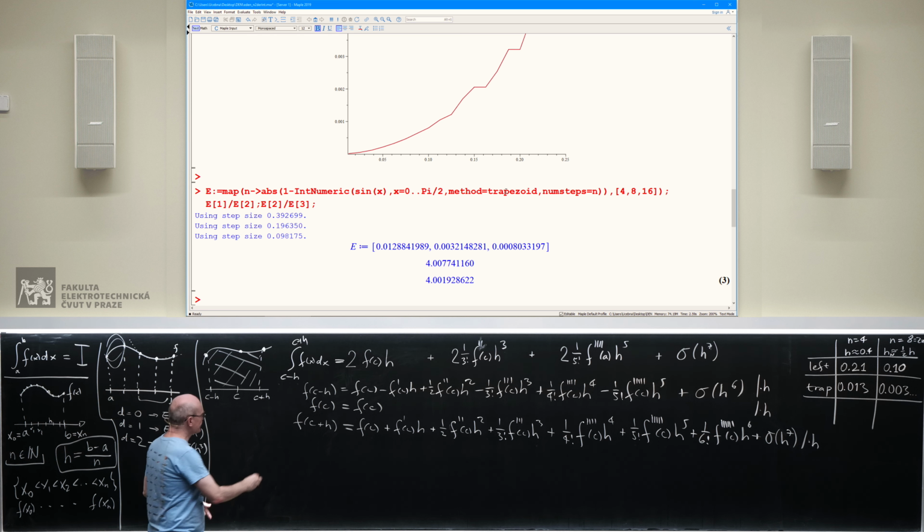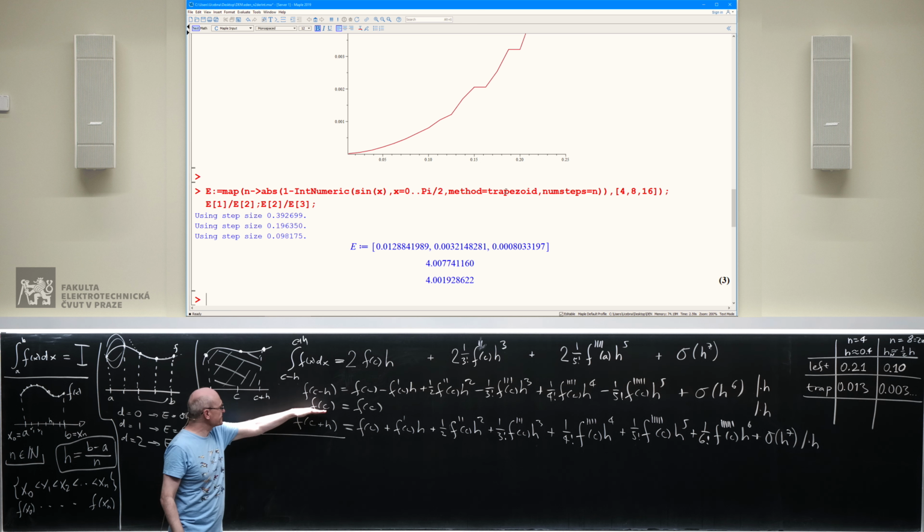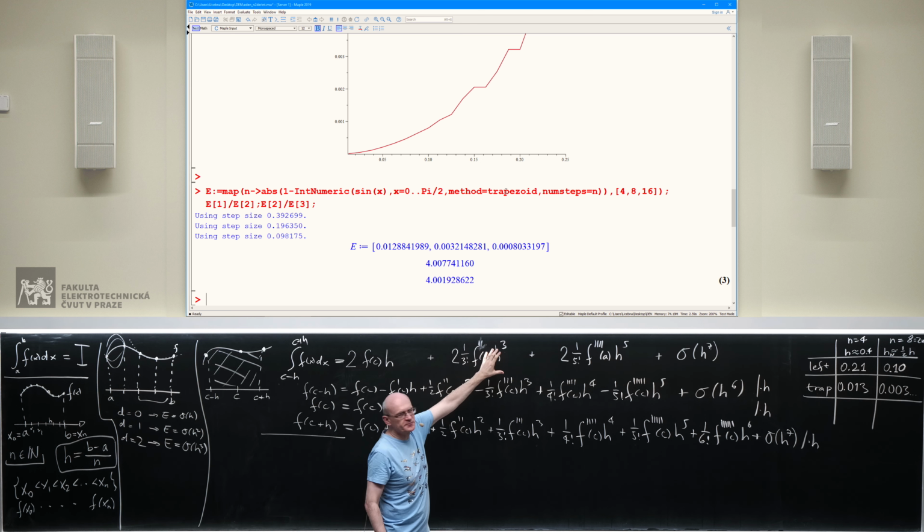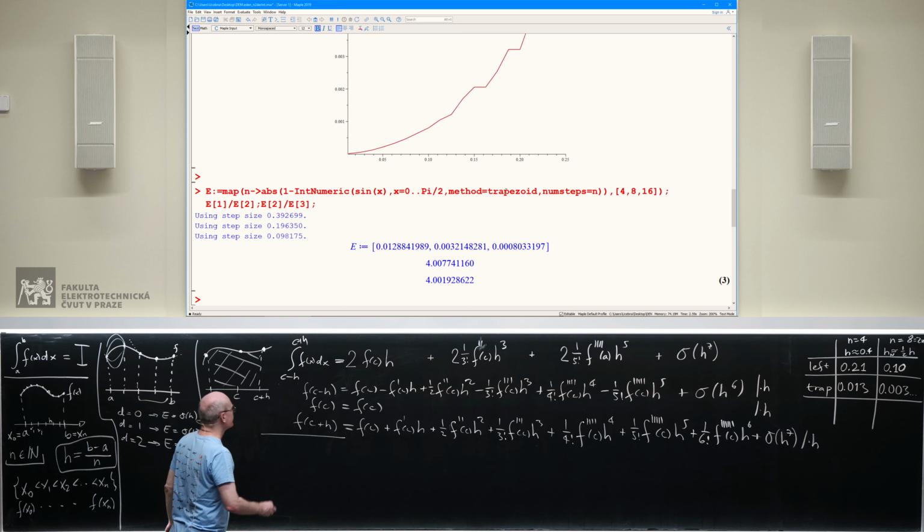The next step, again similar to the previous trick. I'm going to use a linear combination of these pieces of data and try to match this linear combination as best as possible to this part. So this one gets multiplied by A, this one by B, this one by C, and then I sum it up.